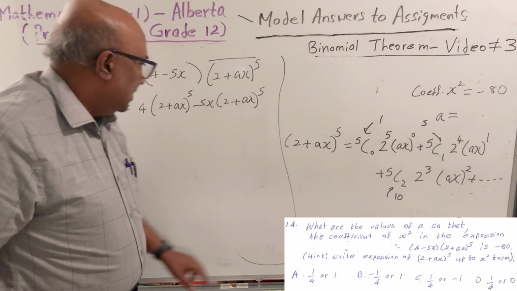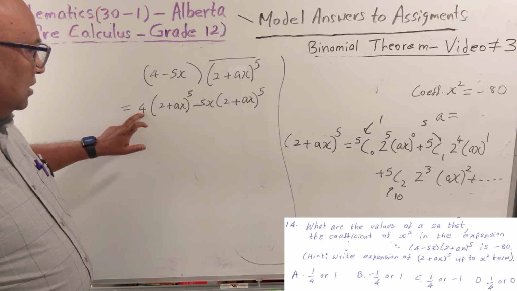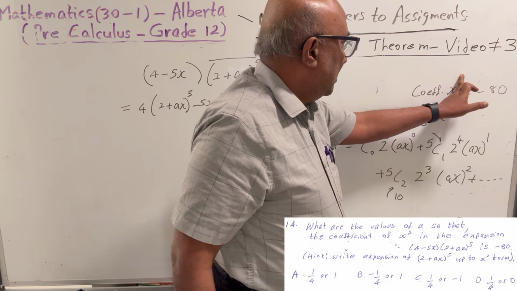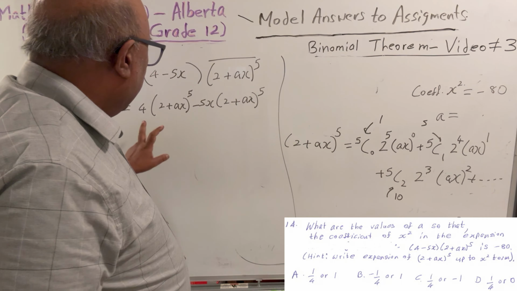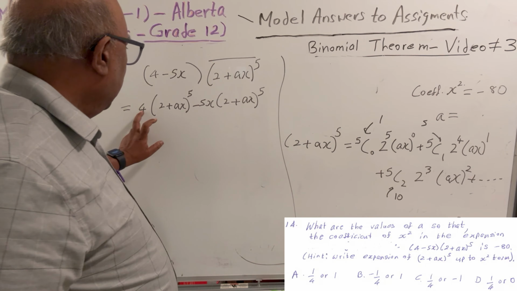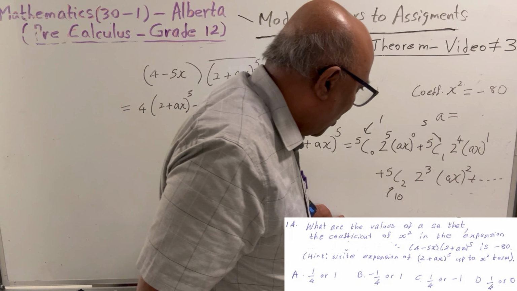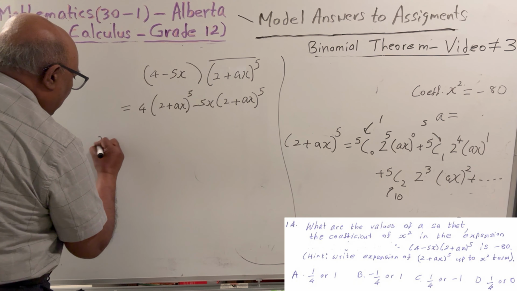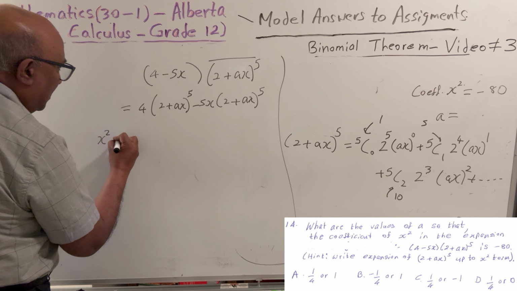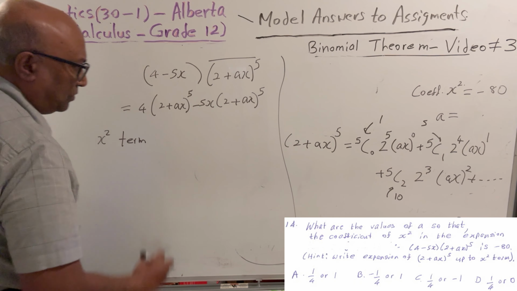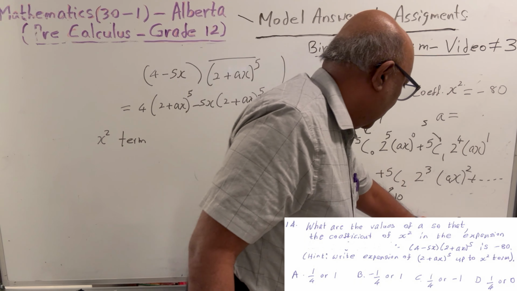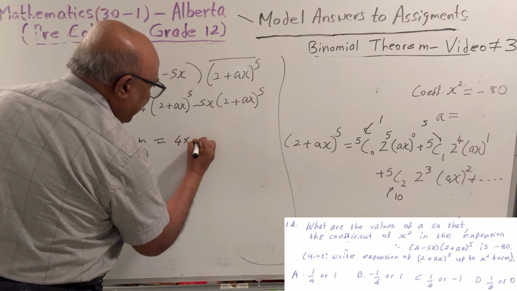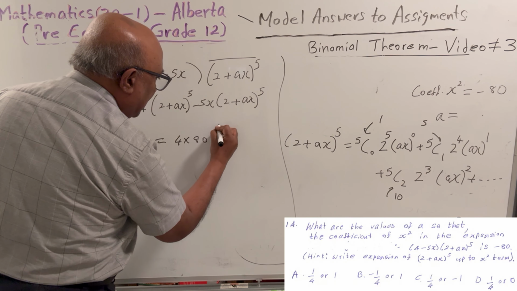Now let's apply this figure. 4 has to be multiplied with everything, but consider up to the x squared term only. Try to catch the x squared term after multiplying this by 4. 4 times 80a squared x squared.